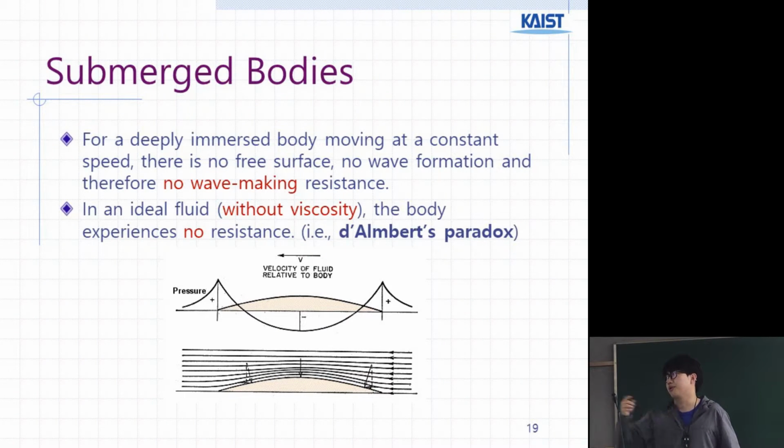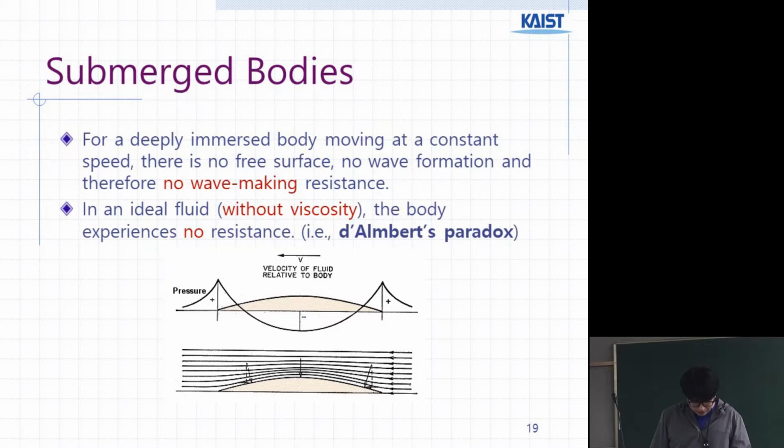People call this d'Alembert's paradox. It is called a paradox because it is contrary to everyday experience. However, since an actual fluid has viscosity, the object has a very small resistance. So people call this a paradox.